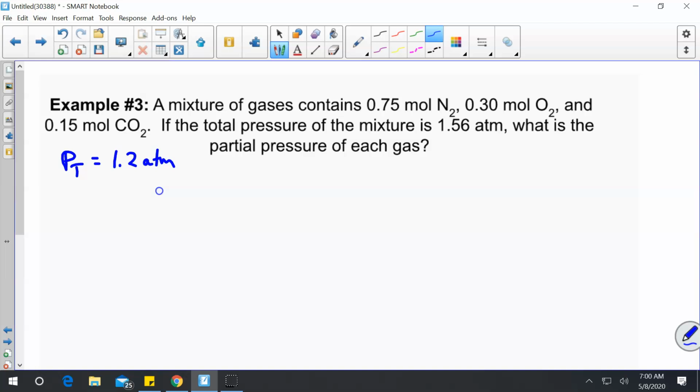Now, each gas, the one that has the most moles, is going to exert the most pressure. And what it is, is a ratio of the moles to the total. Whoops, I guess I made a mistake there. This is 1.2 moles for my total moles.